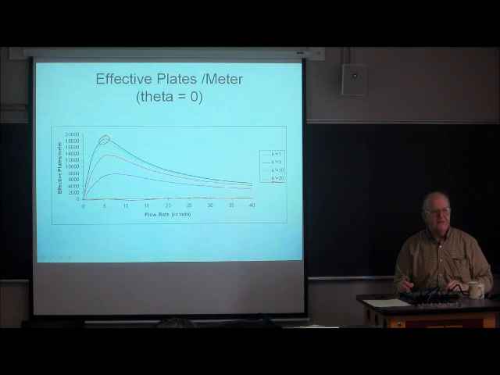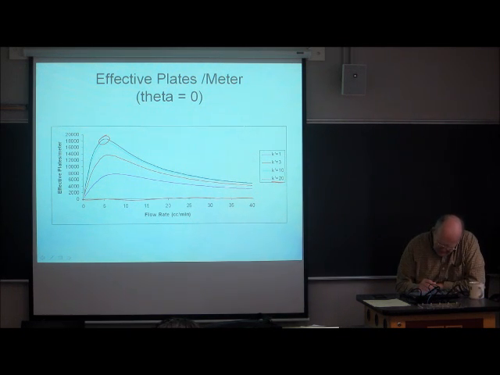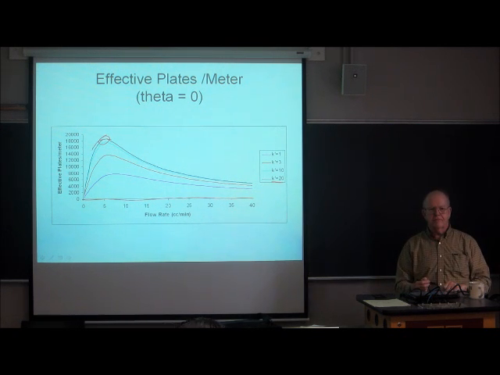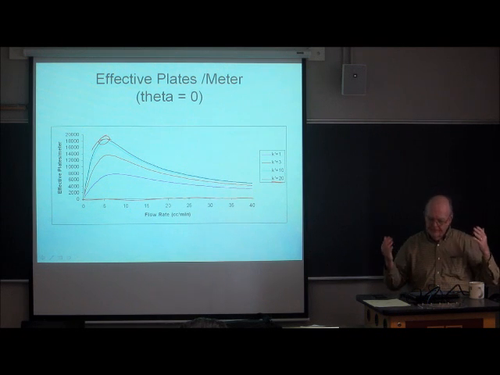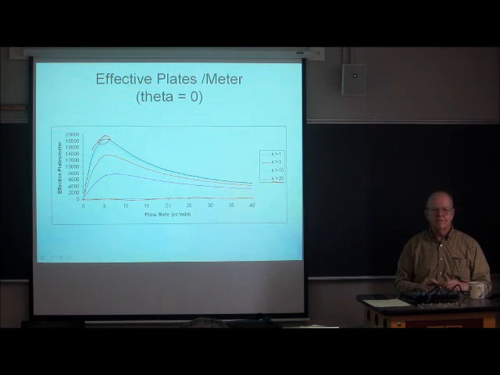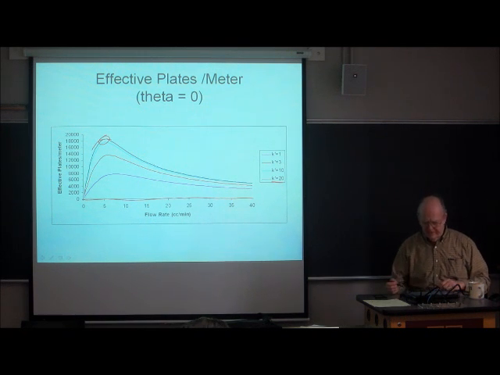But it doesn't make much sense to go beyond K prime 20 because the curve is going to be just a little tiny bit above it. So there's definitely an optimum range in K prime. If you go too low, there's not enough retention. If you go too high, you pay too much in time for the analysis.